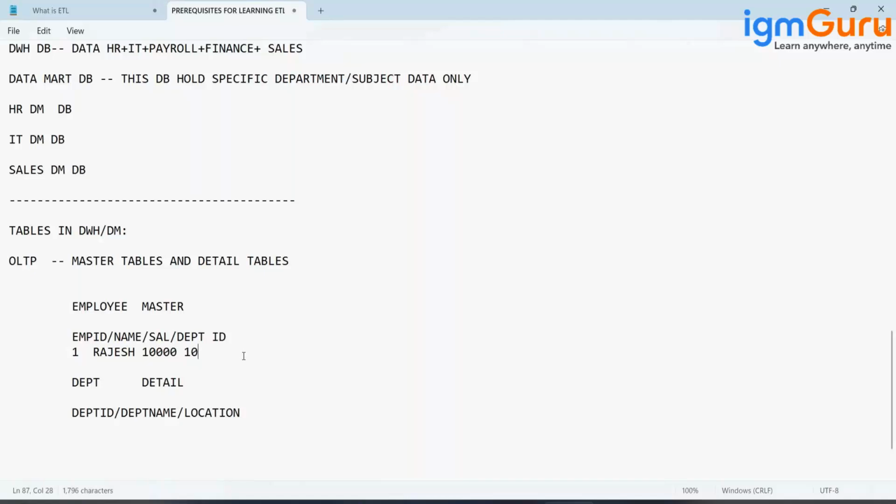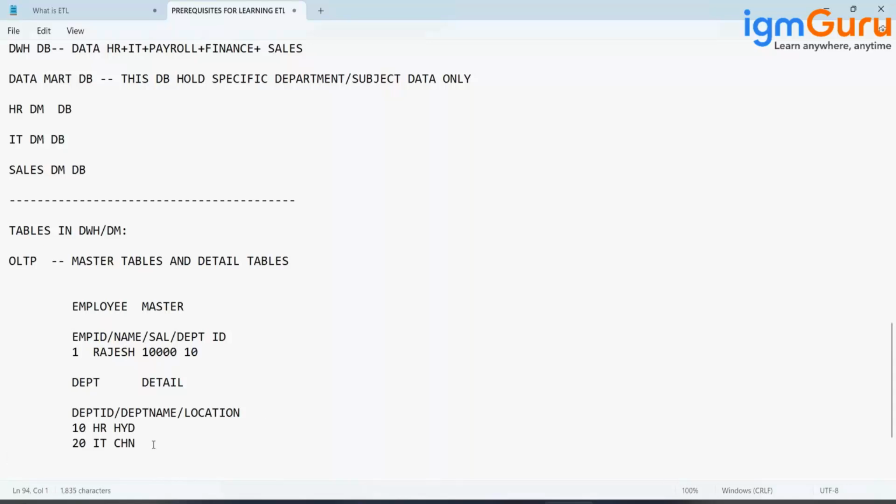So I will look up the detail table, which holds 10, HR, Hyderabad, and maybe one more record, 20, IT, Chennai.